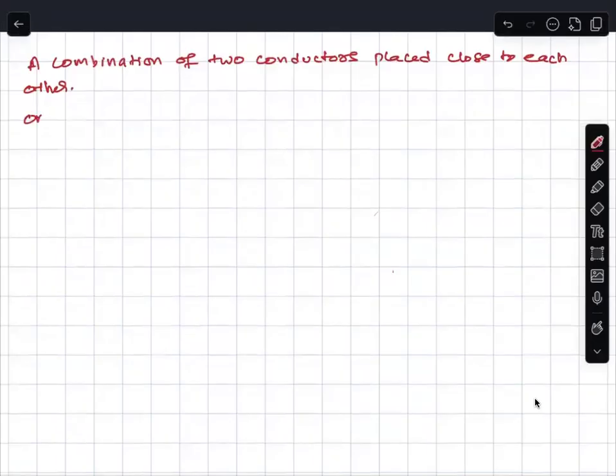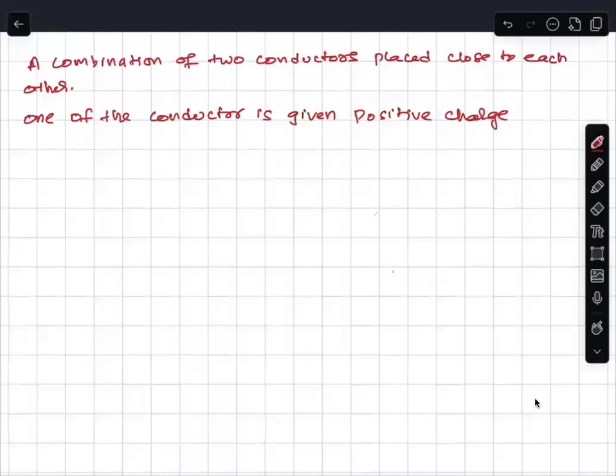Here, one of the conductors is given positive charge, say Q, and the other will be given negative charge.